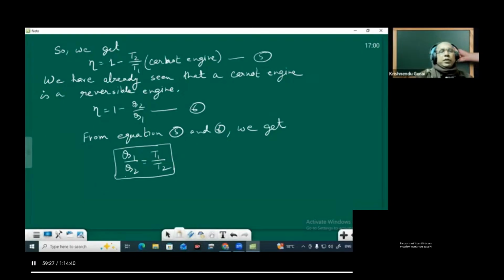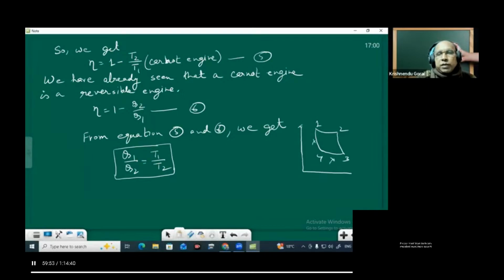So what you have to find? You have to find eta, which is 1 minus T2 by T1. For that you have to write four equations. I already told you that this is isothermal expansion, this is adiabatic expansion, isothermal compression, adiabatic compression. There are four equations, 1, 2, 3, 4. And this will cancel with each other.